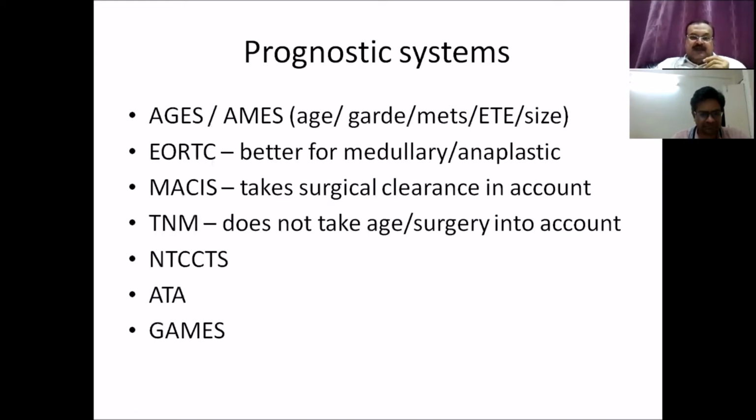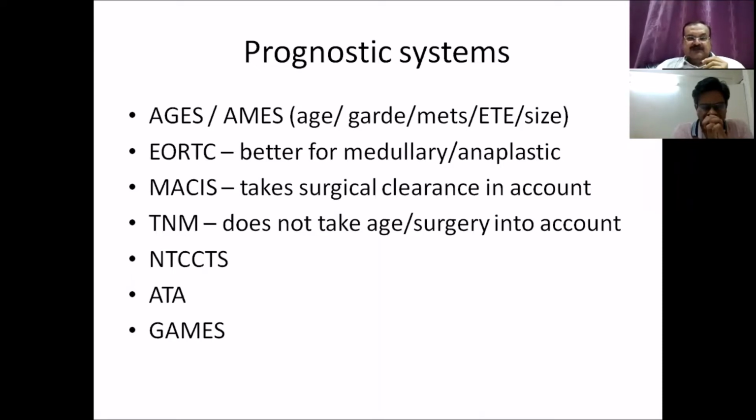Now, there are many prognostic systems which you probably know, and this list is not exclusive. There are other systems also. Each center has its own system, and each system has its own advantages and disadvantages that can be discussed. AGES and AMES are common, but no longer used now.